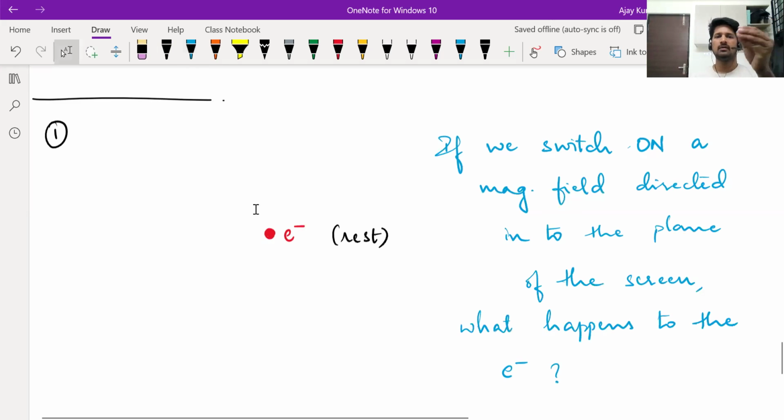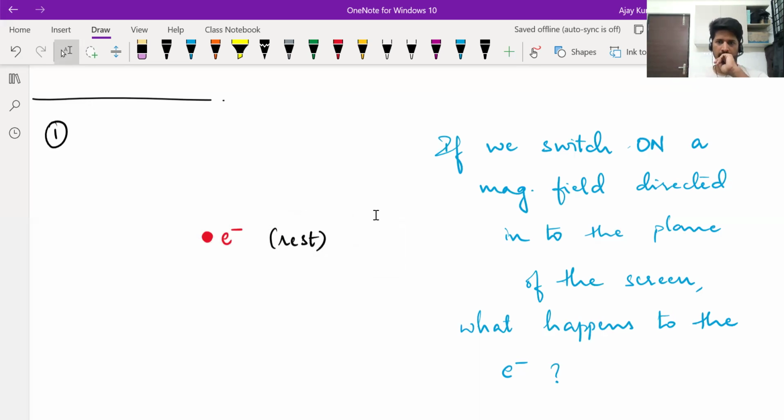Will it move or will it continue to be at rest? If it moves, can you predict the direction in which it moves? If you cannot predict the direction, that's fine. You can tell that. But think about it first.